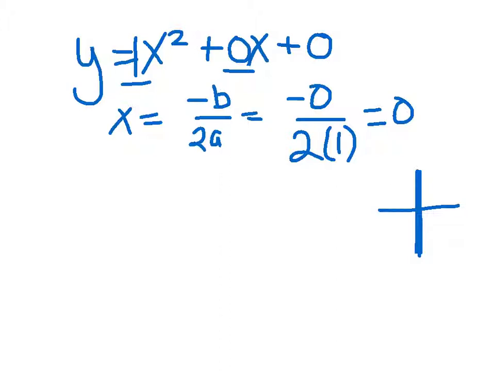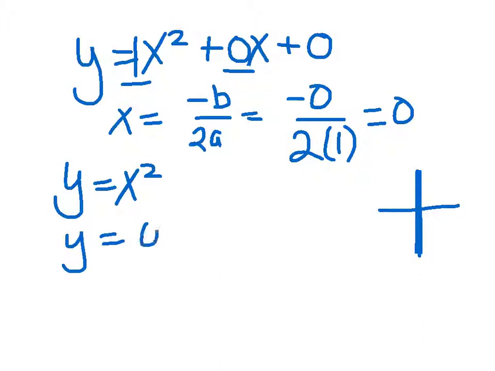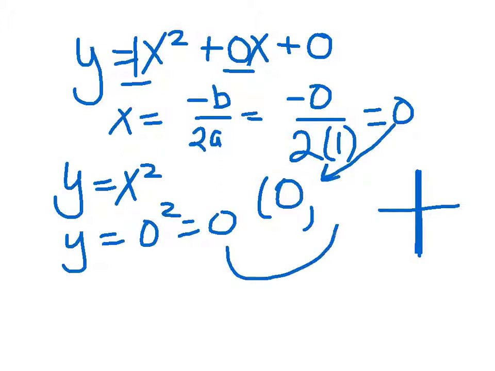Now, we know the vertex is somewhere on that line of symmetry. So to find it, all we have to do is take our original equation and input the 0 for our x value. So our vertex point is the 0 coming from here, and then the 0 coming from there.